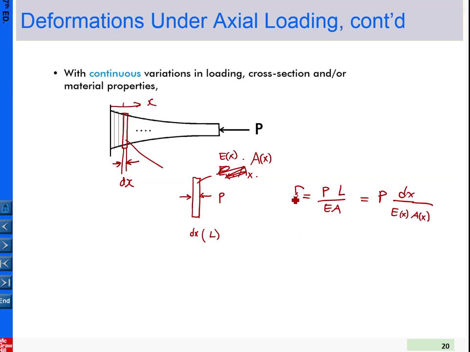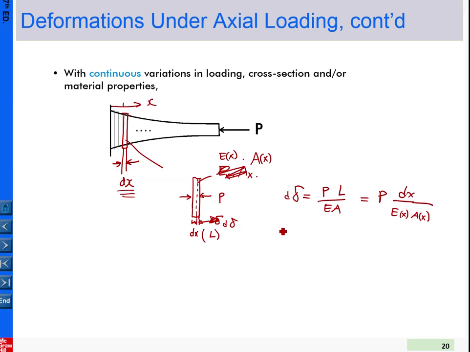Okay, so this is the small amount of deformation delta, and this happens to the dx. So let me call that d delta, a small amount.